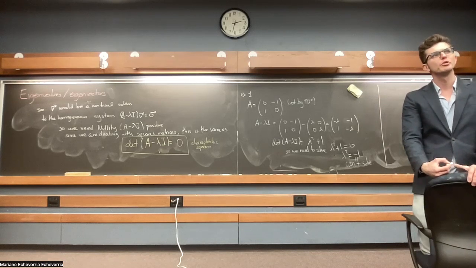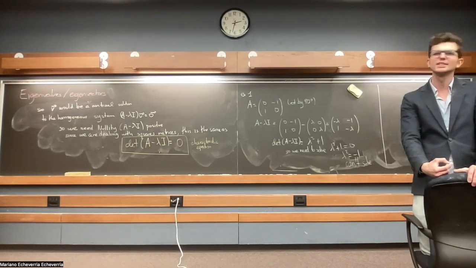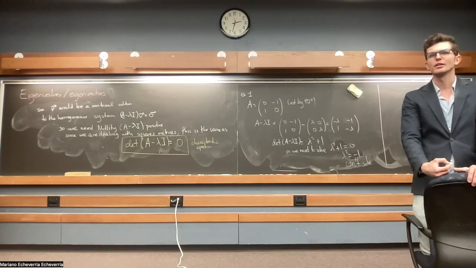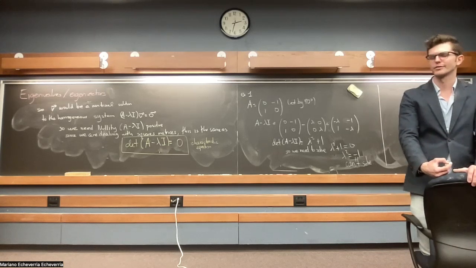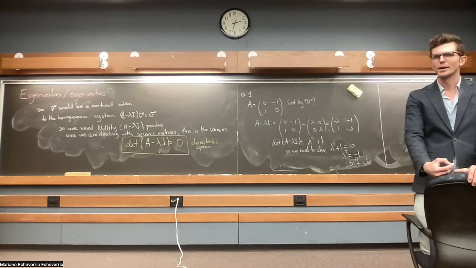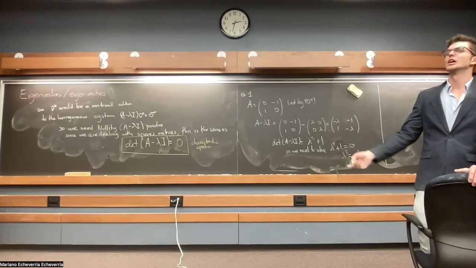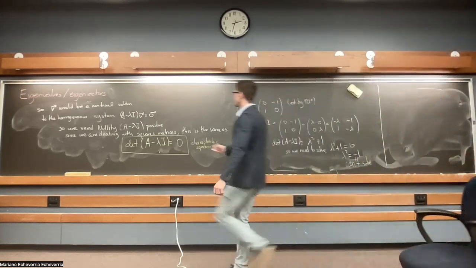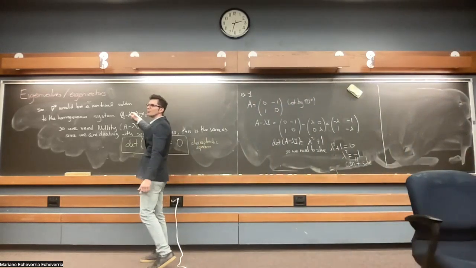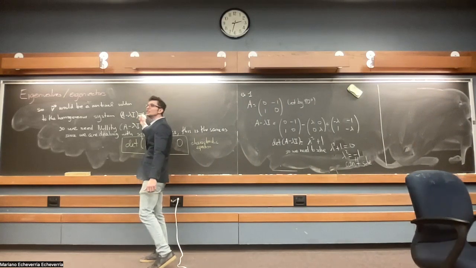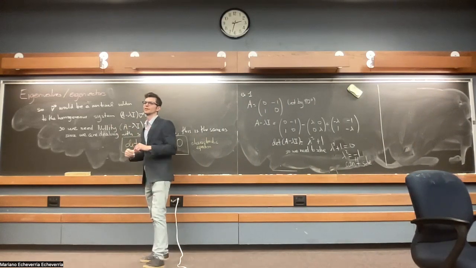But we'll do that next week because on Wednesday we have the review. Today I don't think I'll have enough time to tell you how to find the eigenvectors. But the idea is, once you find all the eigenvalues solving this equation, you return to this thing, plug in the corresponding eigenvalue and solve the homogeneous system. And that's how you find the eigenvectors.